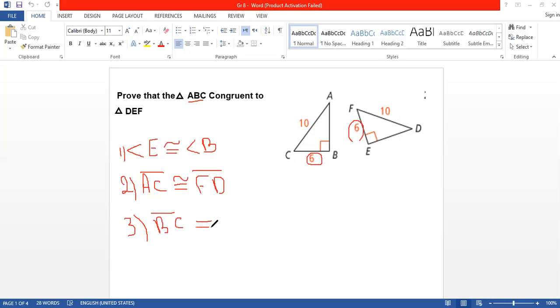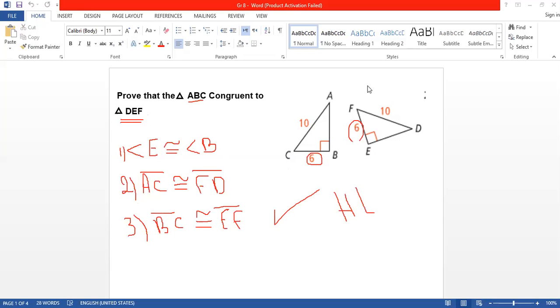Now we have the three conditions, so triangle ABC is congruent to triangle DEF by case HL, because we have hypotenuse and leg.